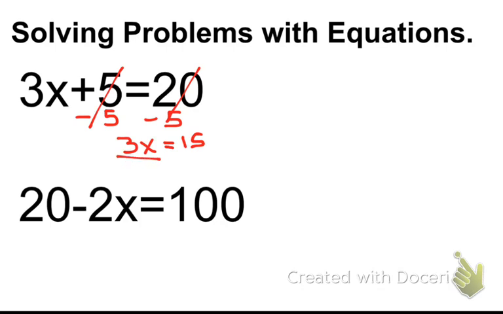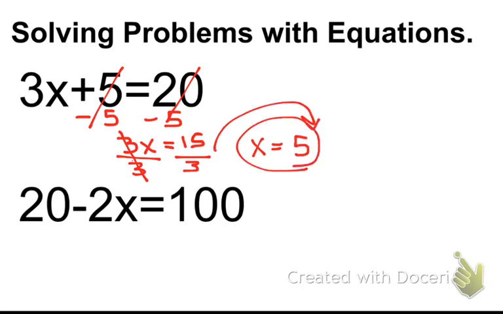My next step is to divide both sides by 3 because I want that x completely by itself. 3 divided by 3 is 1, so I'm left with x equals 15 divided by 3, which is 5. And again, if I plug this in, 3 times 5 is 15, plus 5 equals 20. So I know it has to be true.